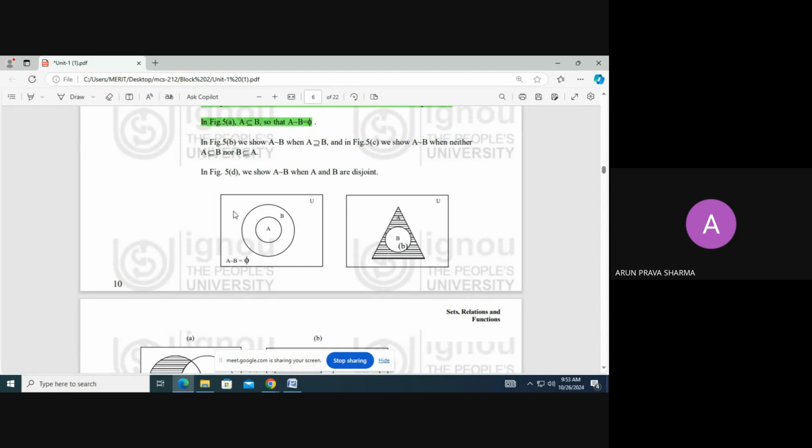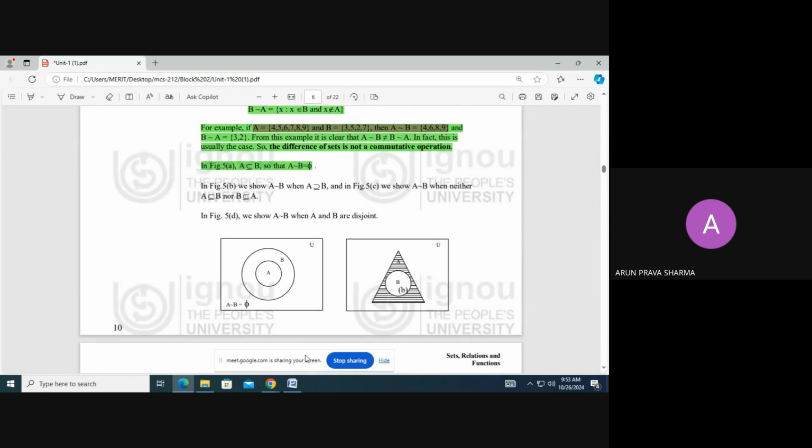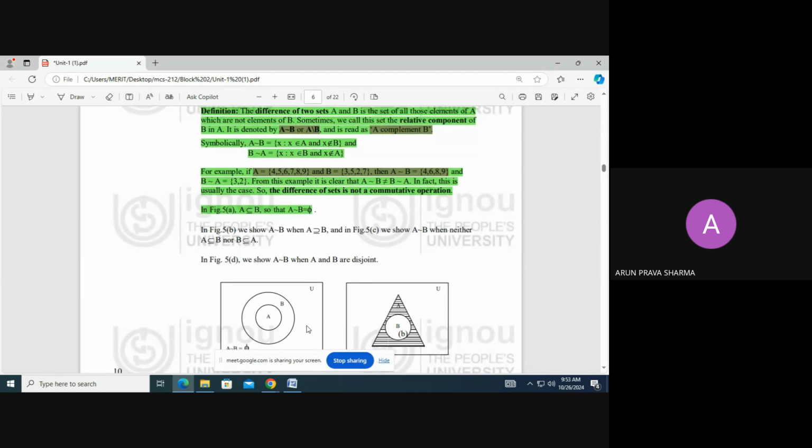But how can we find A divided by B? There is one option, that is A difference B or A divided by B. So if a question comes A divided by B, how can we find that? Like in the example, A and B are given, A difference B has the elements that do not belong to B. So we write the answer here. Okay, there are two examples.